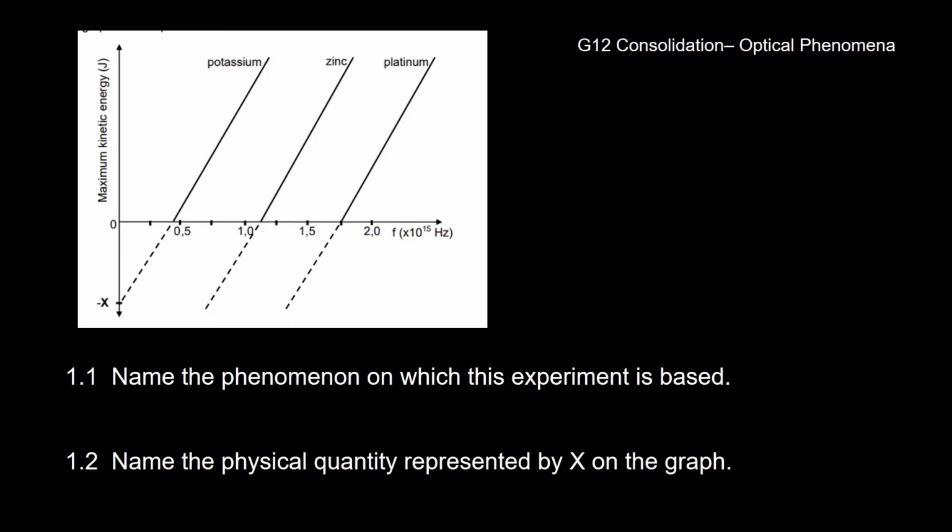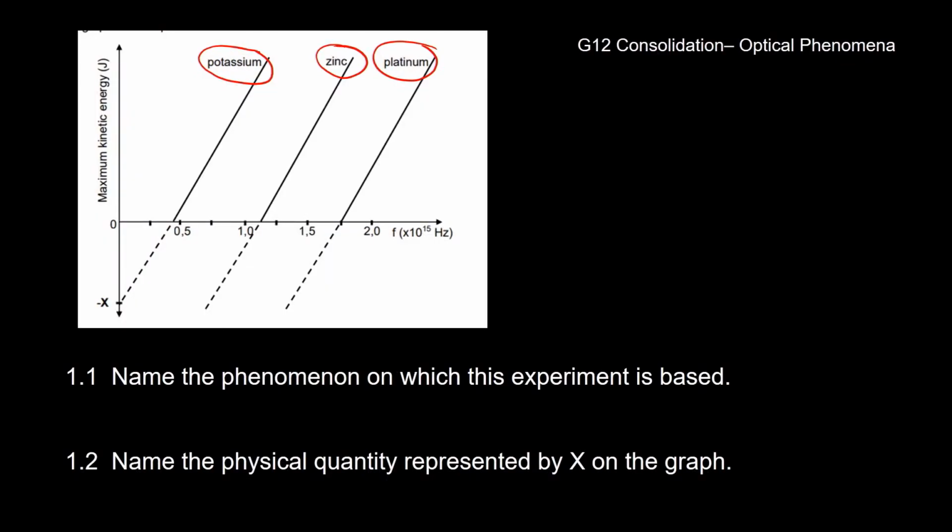And we can see here that the metals that they are testing are potassium, zinc, and platinum. They are different lines, and the reason why they're different lines is because they are a unique metal, and each unique metal requires a unique frequency of light to be able to eject these electrons.